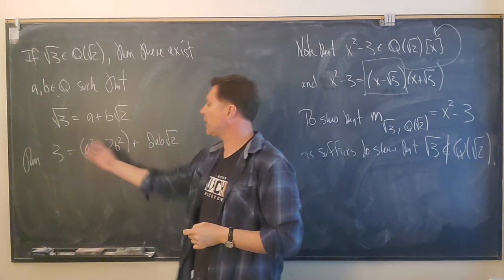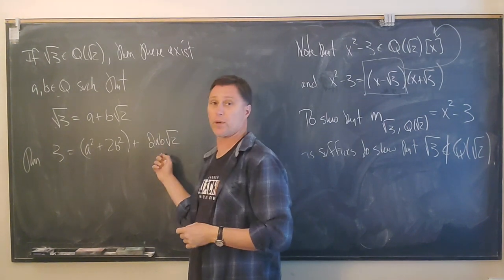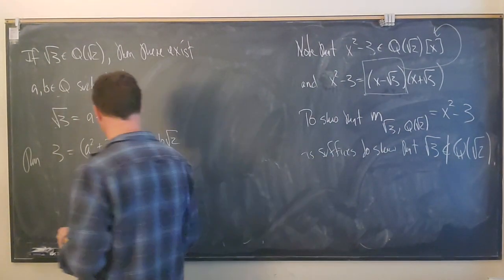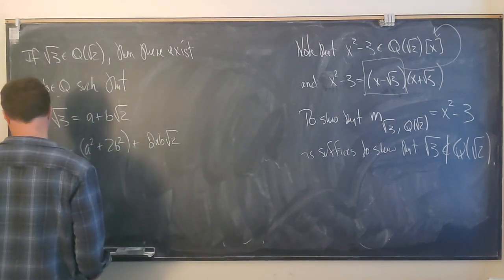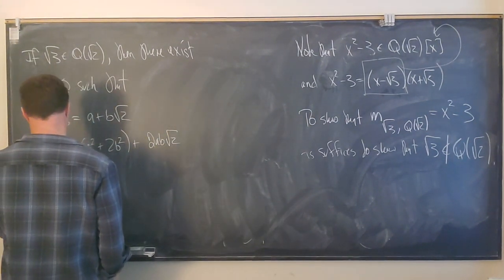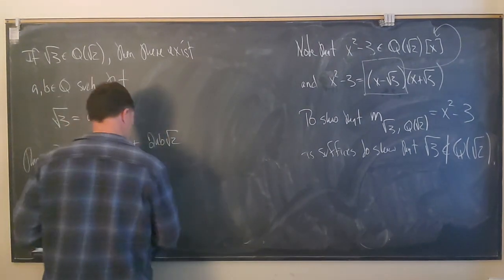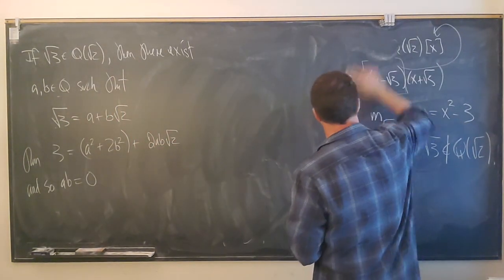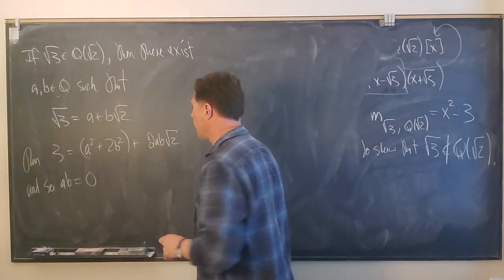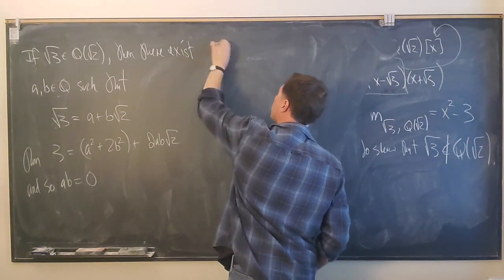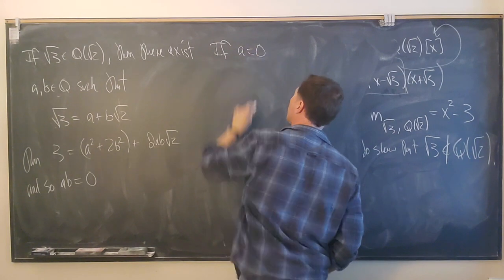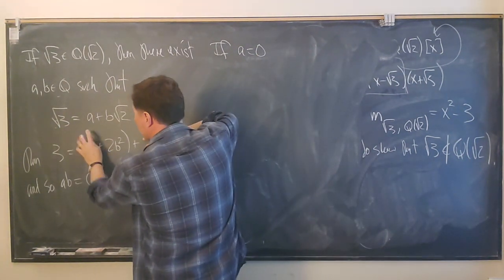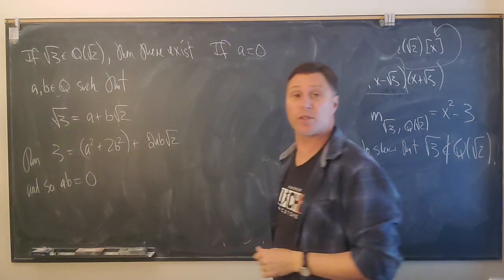If these are going to be equal to each other, then this part with the square root of 2 has got to be gone. So either a or b has to equal 0, and so ab has to equal 0. If a equals 0, then this part's gone and that part's gone, so we'd have 2b squared equal to 3.